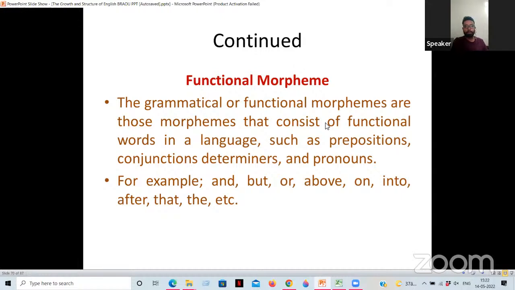As for example, am, is, was, where, and, but, or, above, prepositions, conjunctions, all these things. They also have their meaning independently. They do not have to depend on anything else like the bound morphemes. So these are functional morphemes that help the lexical morphemes to form a sentence in a complete way. Is it clear?